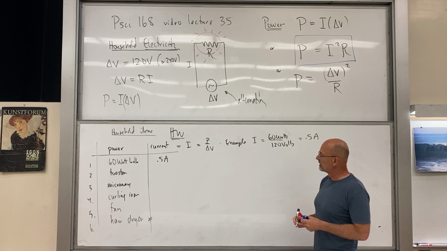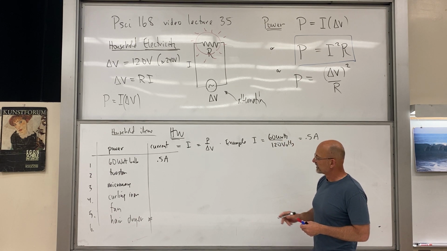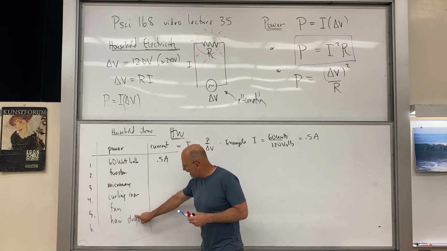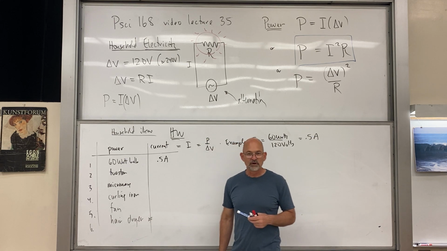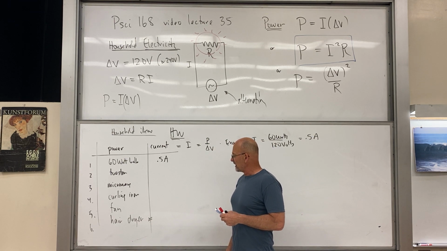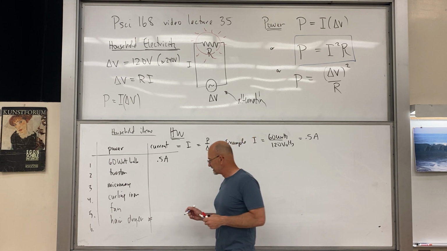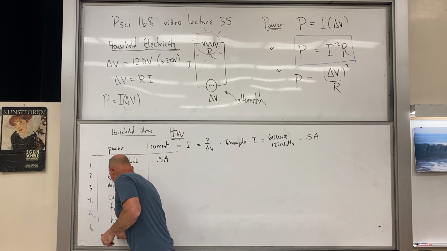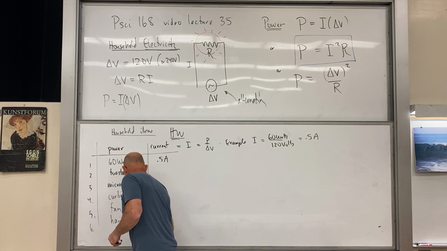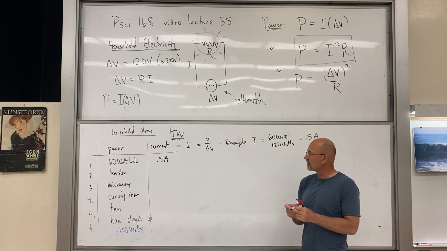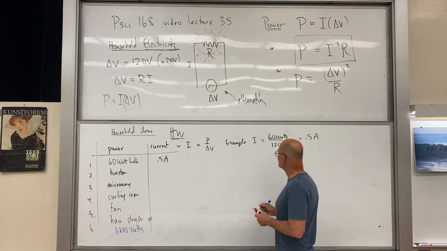And you want to go through this list. Now, I know that some of the most powerful hair dryers nowadays, I'm told, I don't have one myself, use up to 1,600 watts. So let's use a major one. That's what they say, 1,600 watts. That's a powerful one. What is the current there?